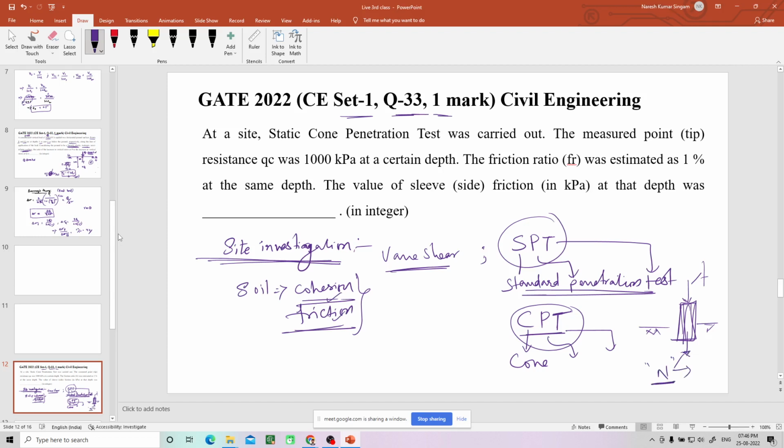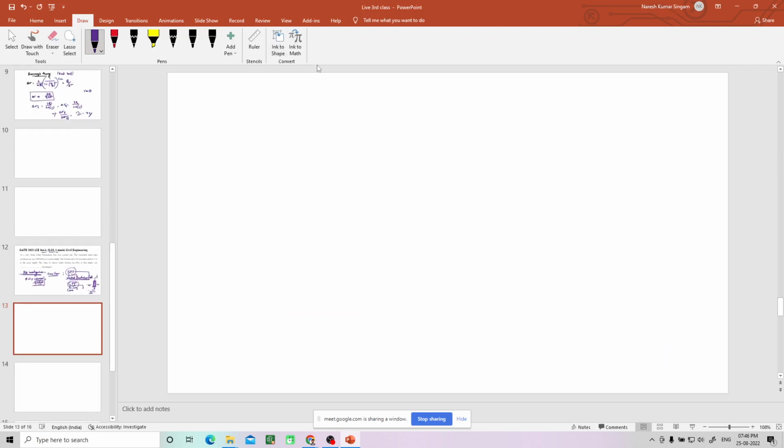In the same way, CPT is not that kind of test where you will give blows. The instrument looks like this. There is a cone. Suppose this is ground level. It is continuous, there will not be any blows.